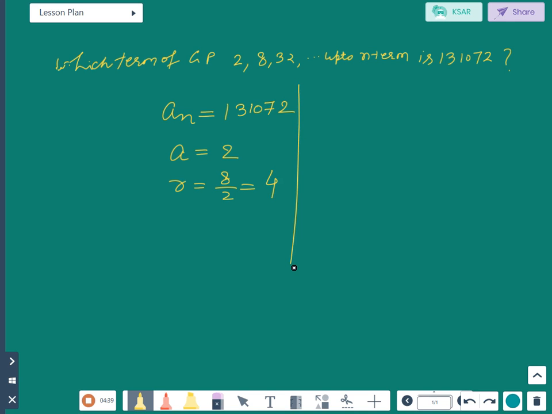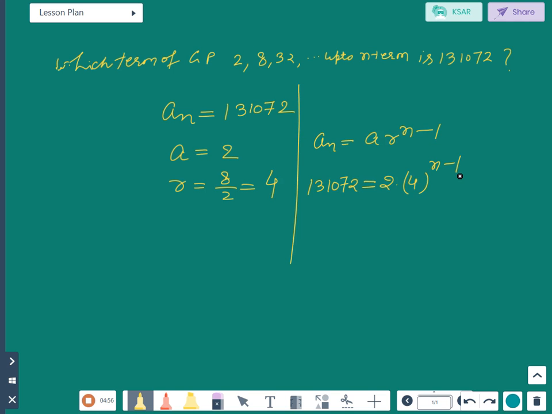Now we shall apply the formula of the nth term of a GP. So an, that is 131072, is equivalent to a times 4 power n minus 1.